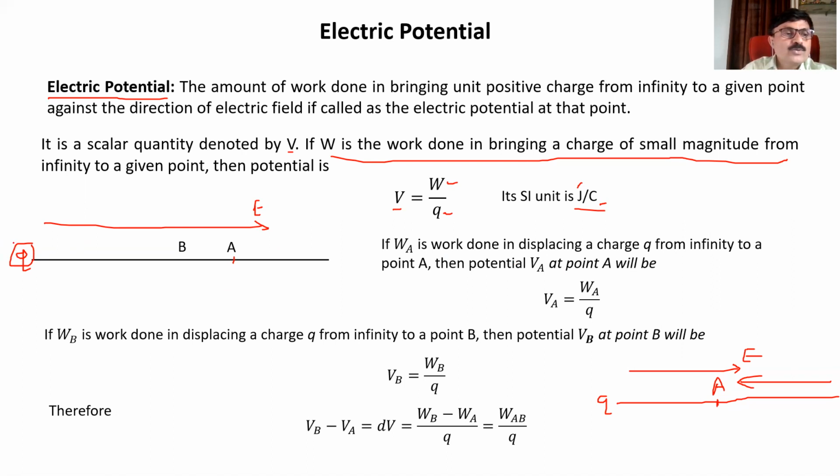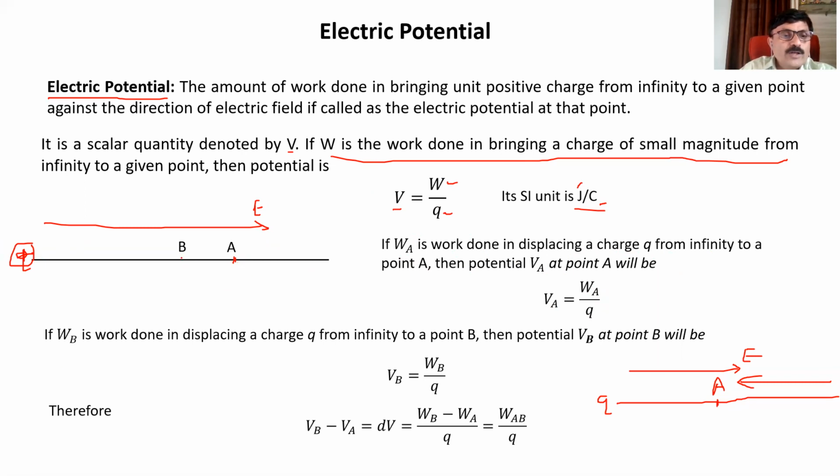This charge is different from Q, remember, you can call it any charge. So if you take the charge q from infinity to this point, then the potential as per definition will be given as WA divided by q. So the potential at this point, represented as VA, is WA divided by q, where W is the work done in taking the charge q from infinity to this point.